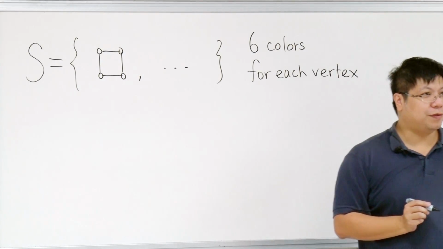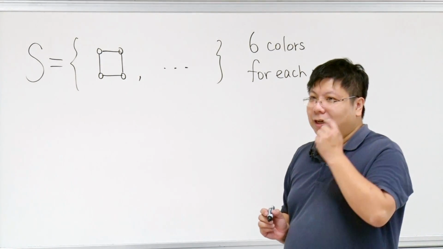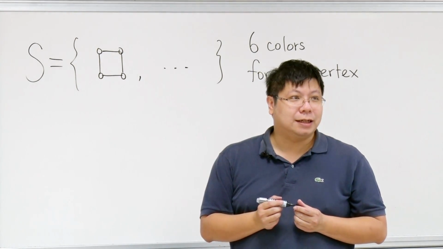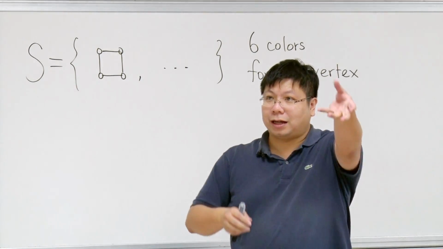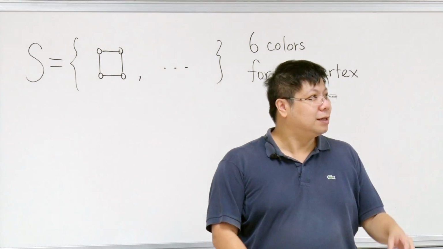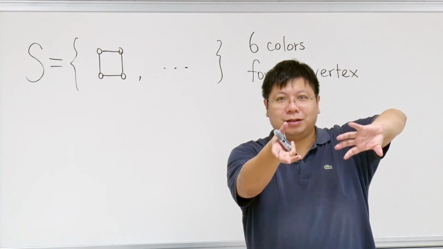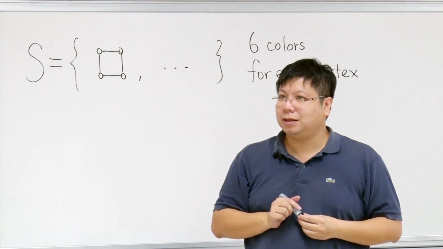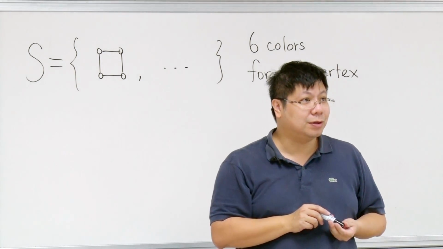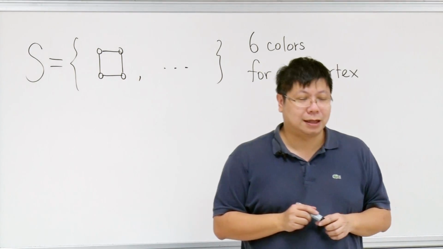And again, we want to find out how many different cases that we can color the vertices such that after a rotation, one can become the other, they should be considered in the same group. Okay, so how many groups are there? How many classes are there?